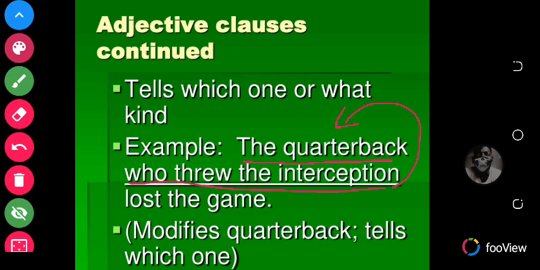It's answering the question who, or which one, or what kind. So in the quarterback who threw the interception lost the game, this is the adjectival clause right here. It modifies the quarterback. It tells us which one.